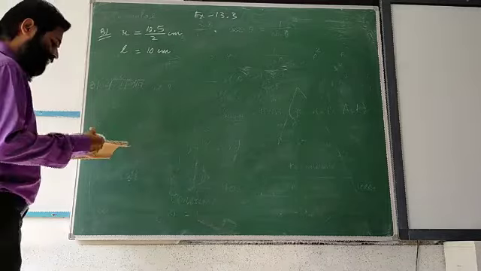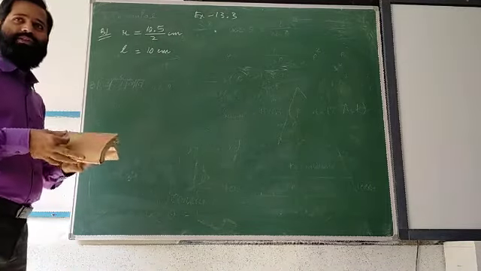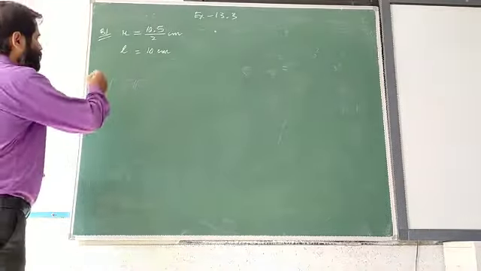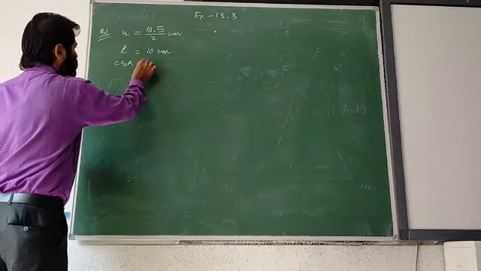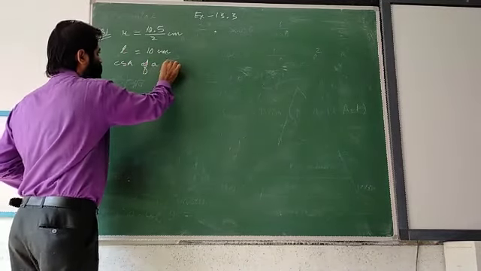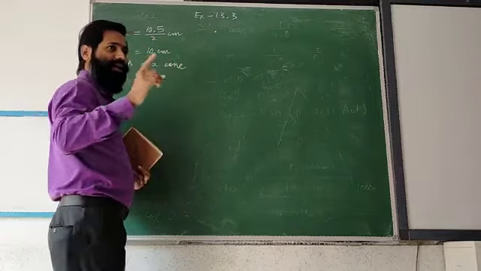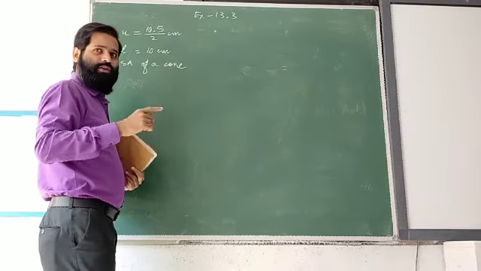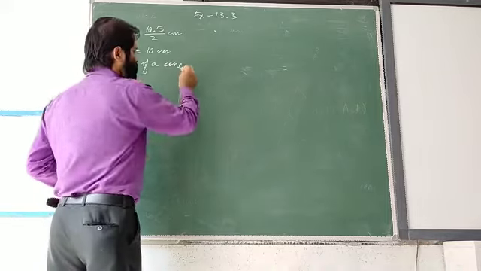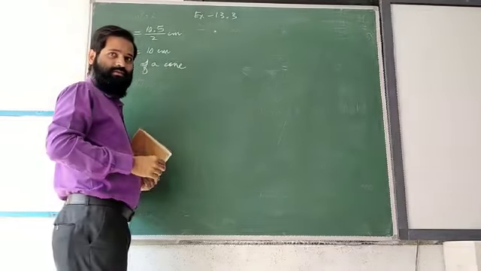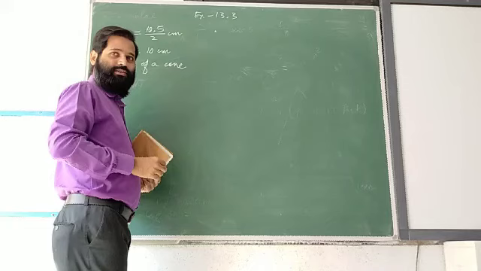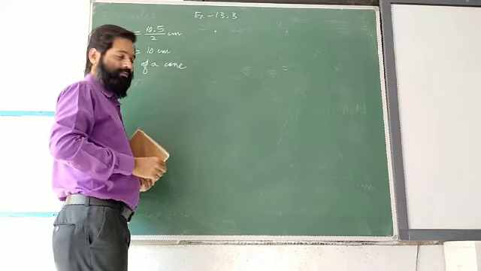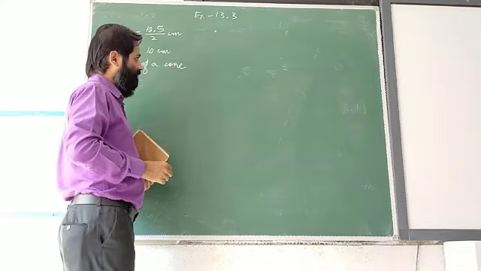So in the question it is said that find its curved surface area. So we'll say that CSA of a cone is equal to pi RL. Do we know R? Yes. Do we know L? Yes. R is given, L is given.